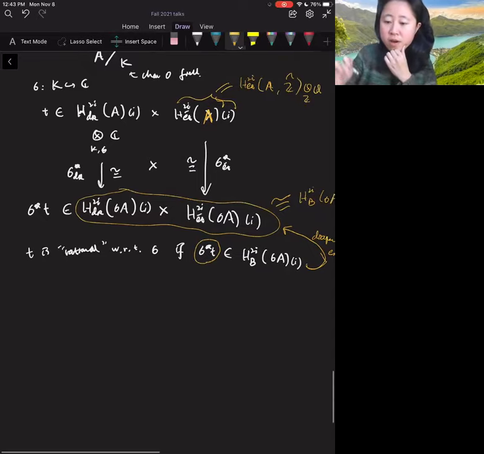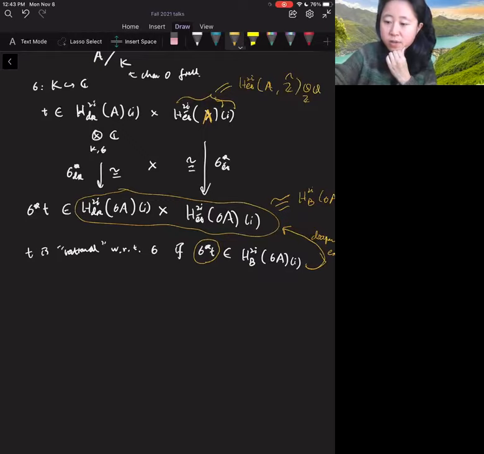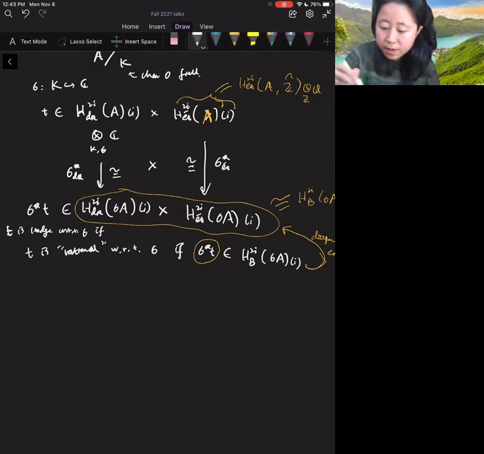And moreover, T is a Hodge cycle. So we say that T is a Hodge cycle with respect to sigma if T is rational with respect to sigma, and also the de Rham component lies in the correct filtration piece.